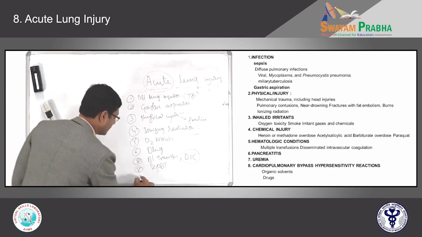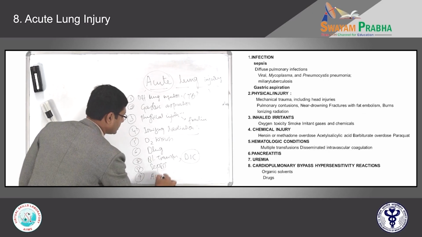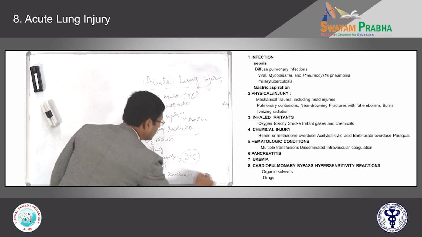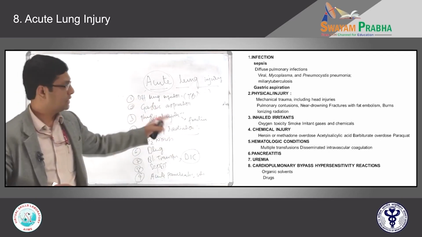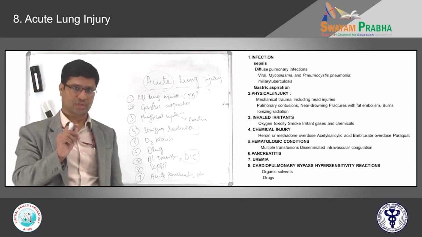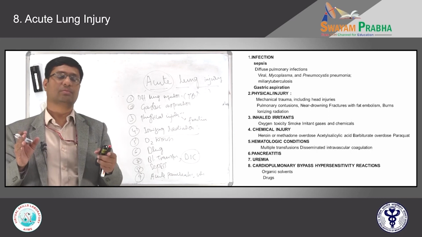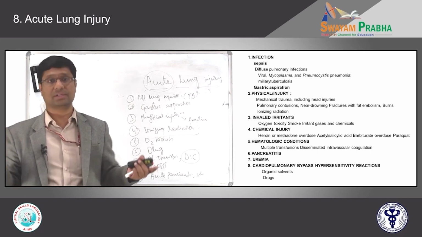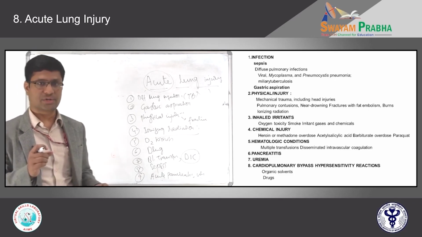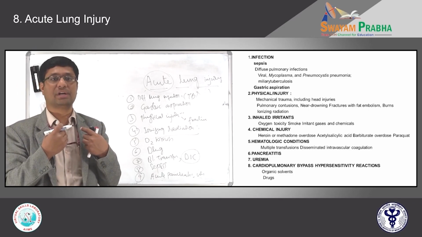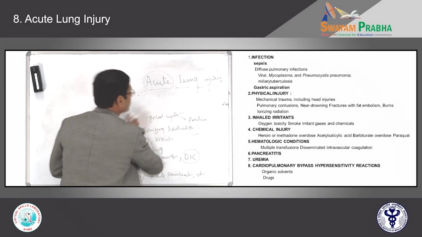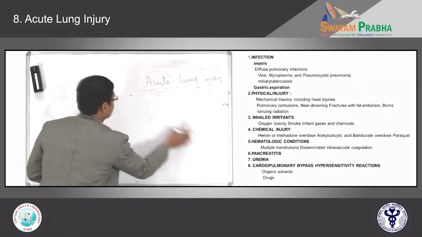And a few rare important things are acute pancreatitis, uremia, etc., that you can see in the last columns. So these are the things all of you should remember. So when you have a ward posting, if you are seeing a patient admitted in a hospital for some other reason, but suddenly, if it's a septic patient or any road traffic accident patient, if he suddenly develops respiratory distress, think of ARDS. So these are the common causes of ARDS.